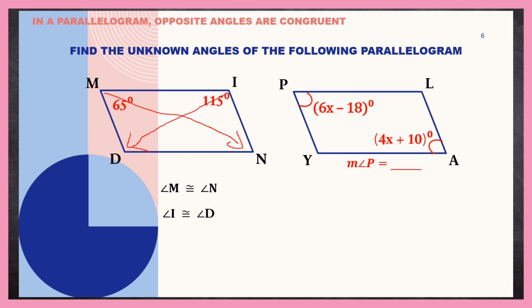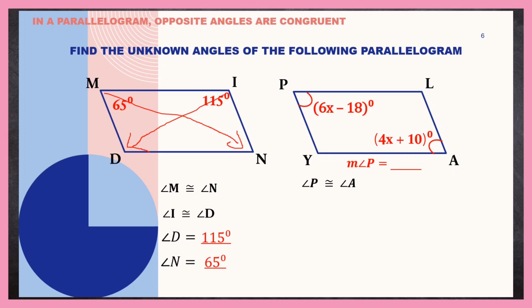Without a solution, you can easily find the missing angle. Angle D is 115 degrees because as you can see, opposite angle I, the measure of angle I is 115. Angle D is also 115 degrees. Angle M is 65 degrees, so we can say that angle N is also 65 degrees.